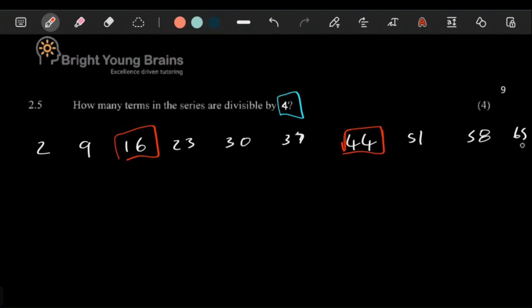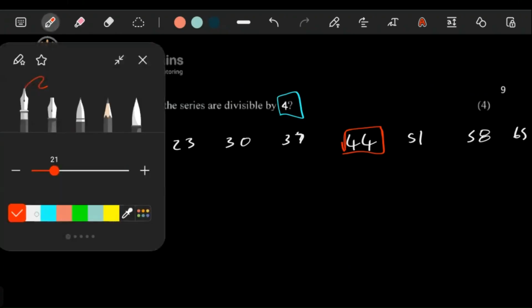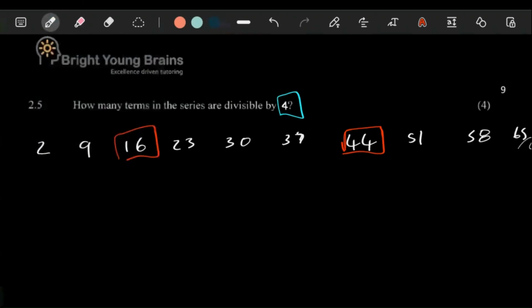Another 3 values, and the next one is definitely going to be divisible by 4, and we can double check that. 65 plus 7 would give you 72. Whoa, that's awkward. But does 4 go into 72? Yep, it definitely does. It goes in there 18 times.